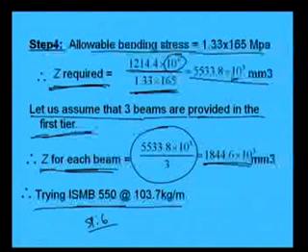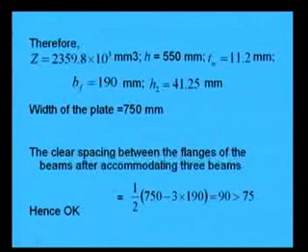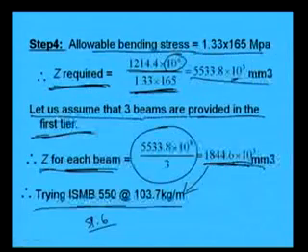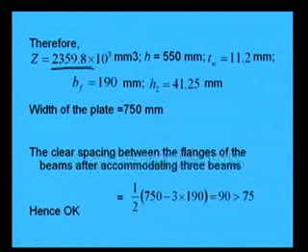ISMB 550 we can use, because Z we are getting this. So, closer to that we can consider the ISMB 550. If we use ISMB 550, then Z will become 2359.8. Whereas we require 1844.6, we are providing a little higher side, 2359.8 into 10 cube millimeter cube.